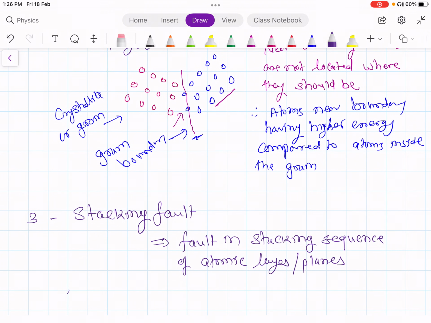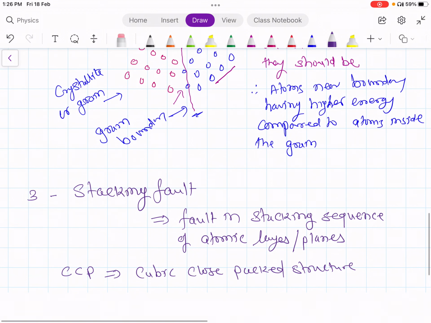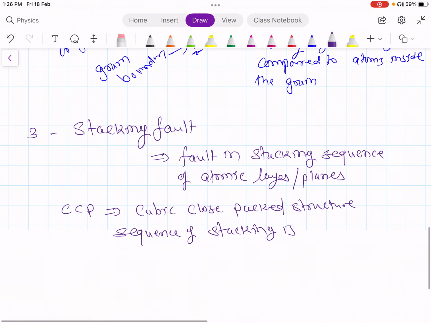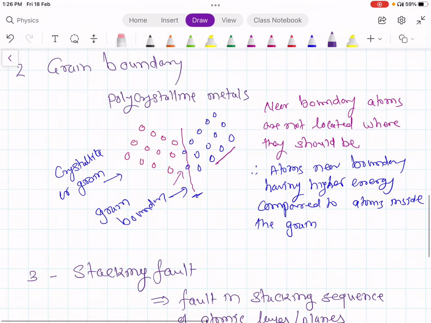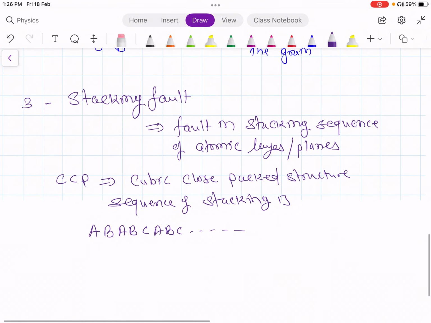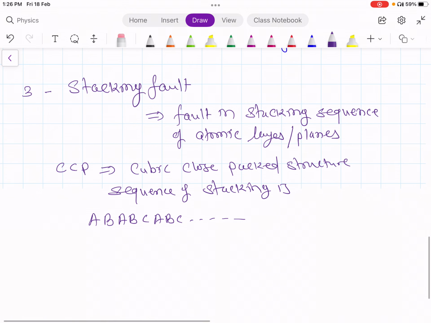You know that in case of CCP, which is nothing but cubic close packed structure, the sequence of stacking is ABC, ABC, and so on. That is the stacking sequence in case of CCP.